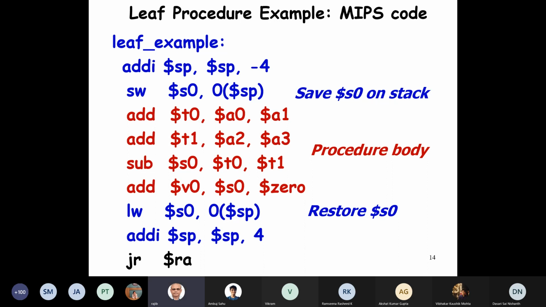In the procedure body, as I was saying, in T0, T1, g plus h, i minus j, etc., and then subtract. And we get the result in S0. And once we get the result in S0, we move to V0. How do we move? We write add V0, S0, and we take help of the 0 register here to move the content of S0 into V0.